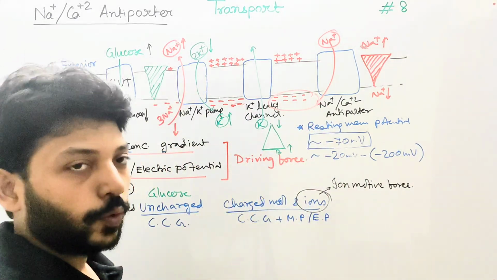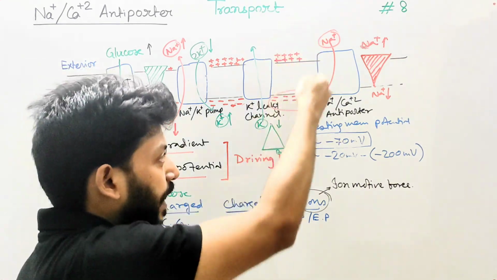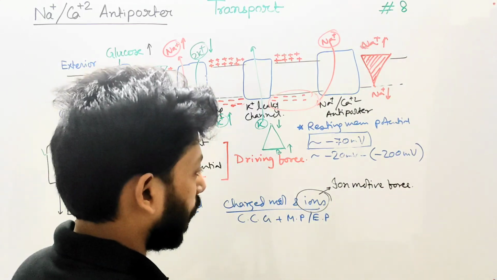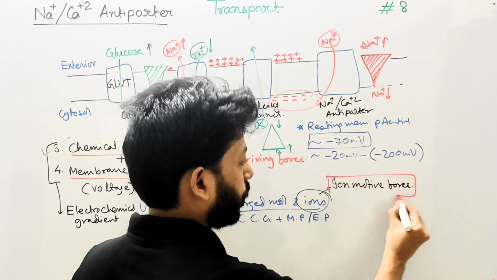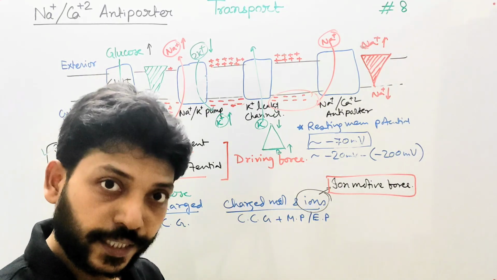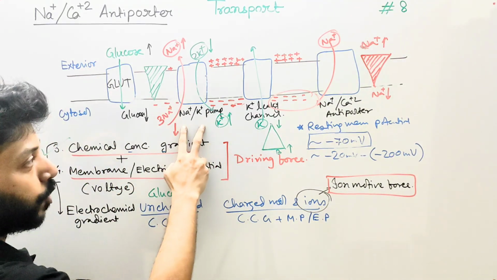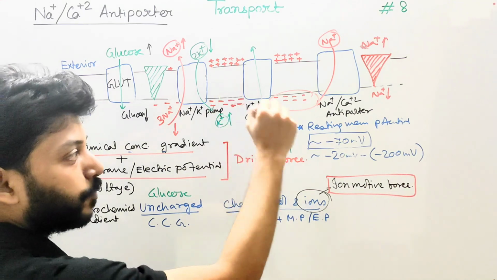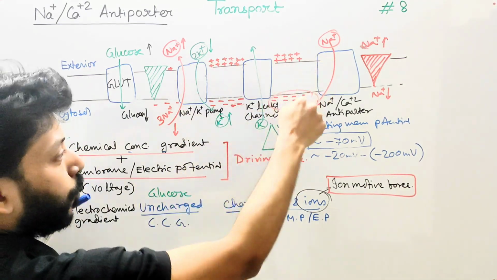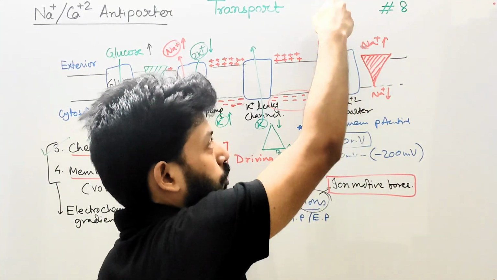So this will also help in the import of sodium inside the cells. That's why it is called an electrochemical gradient, or for ions particularly we call it ion motive force. Ion motive force means the concentration gradient and the membrane potential that is generated by the sodium potassium pump and potassium leaky channels during resting membrane potential. So the chemical concentration gradient and the membrane potential work together to import the sodium.